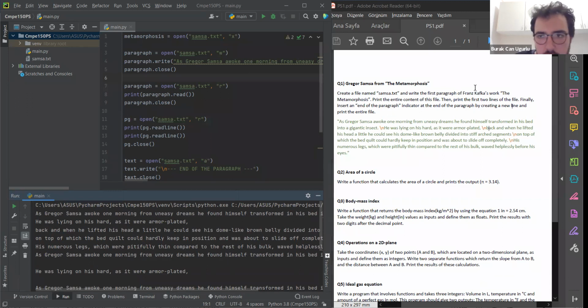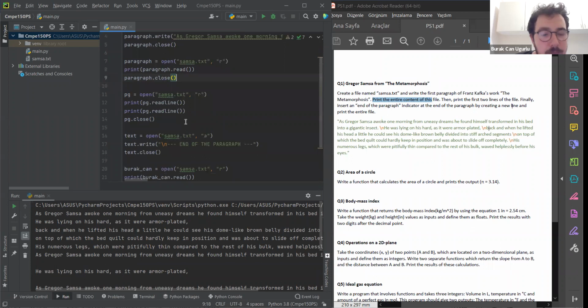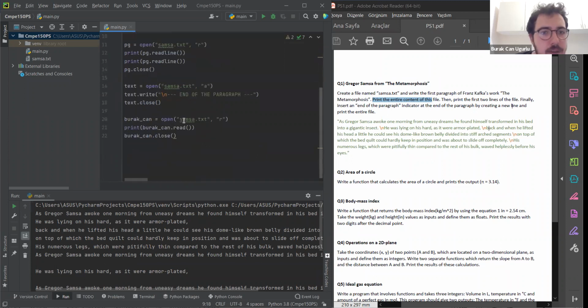We have firstly printed the entire content of this file, but first of all we have created a file named samsa-text, and then we have written to this empty file the first paragraph of the Metamorphosis, and then we have read the entire content and printed it by these lines, and then we have opened it and read the first two lines of this text.